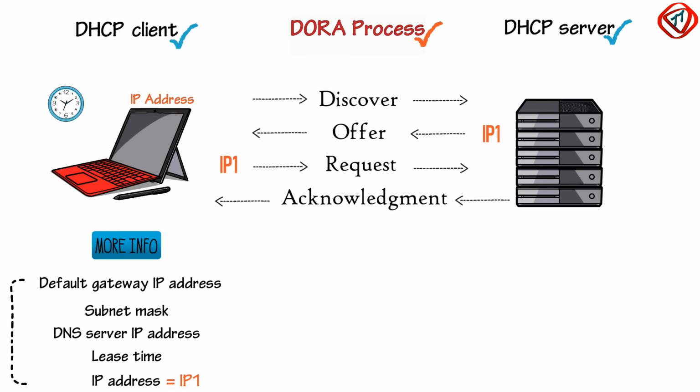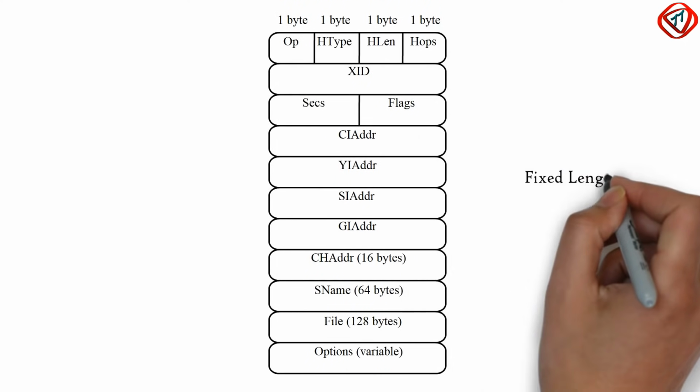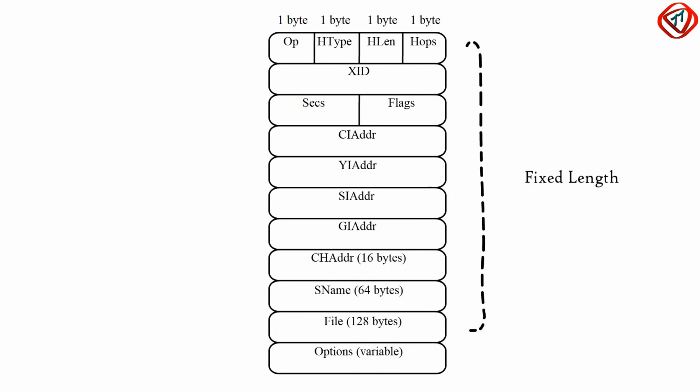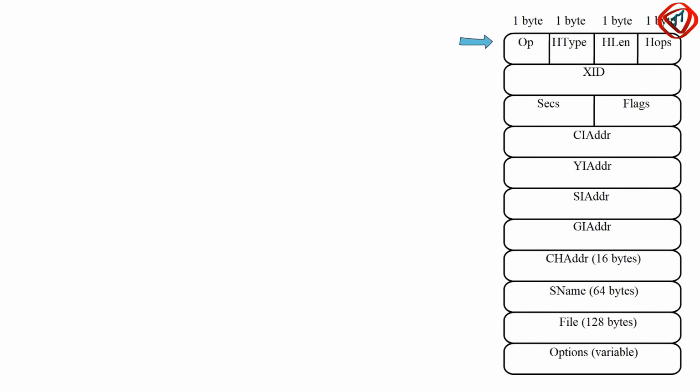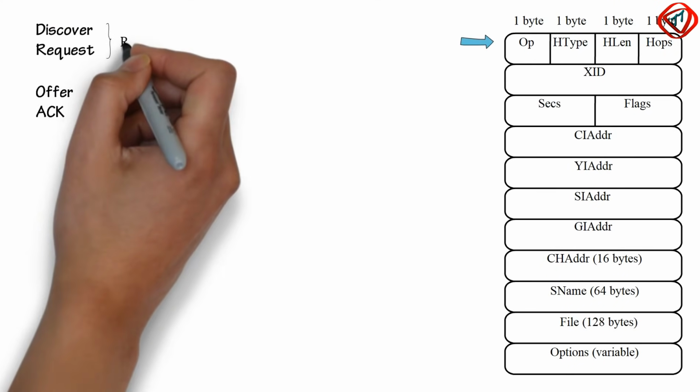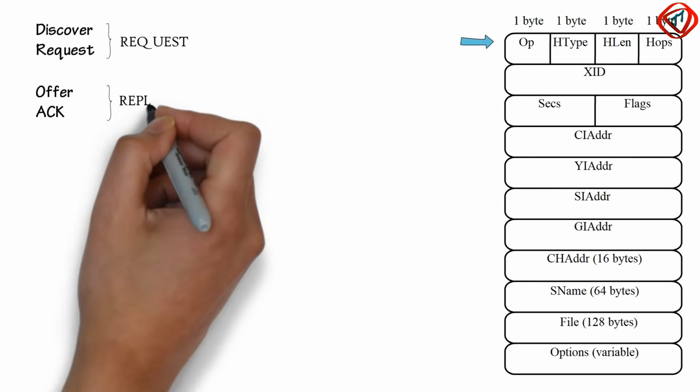access the internet. Now, before going into the details of the DORA process, it is essential to understand the format of the DHCP messages. A DHCP message has a fixed length initial portion and a variable length tail portion. Here, the operation code specifies whether the received message is a request or reply.